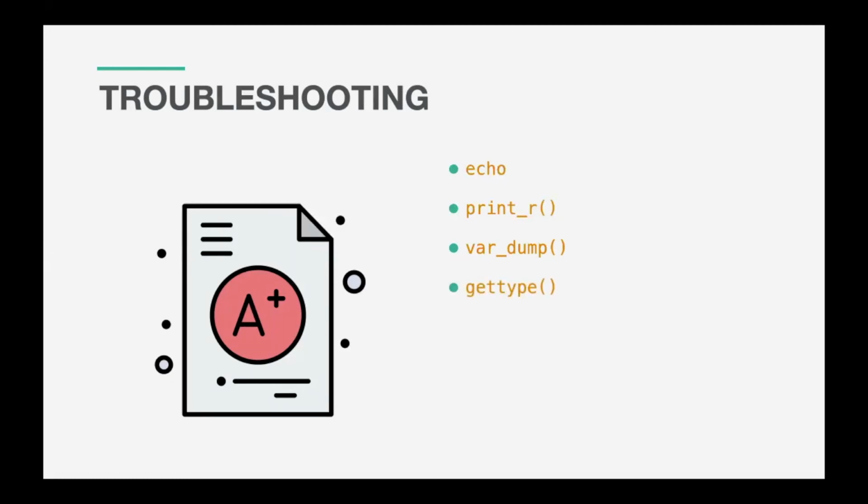The next function I have here is get type. This is a way of just getting the data type of a variable. Now, PHP, like JavaScript, is a loose typed language, which means a variable can hold different data types. It's not static. It's not like we set this will always be an array and it can't hold anything else, like in some languages like Java.